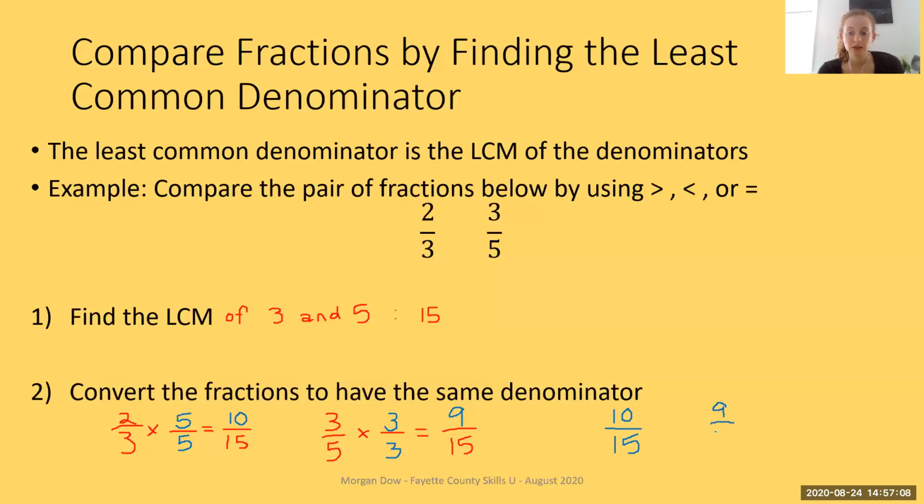Is 10/15 greater than, less than, or equal to 9/15? 10/15 is greater than 9/15. So we'll use the greater than symbol there, right? That we would read this as 10/15 is greater than 9/15. And so I can return to my original two fractions, and I can say that 2/3 is greater than 3/5, right? Ever so slightly bigger.